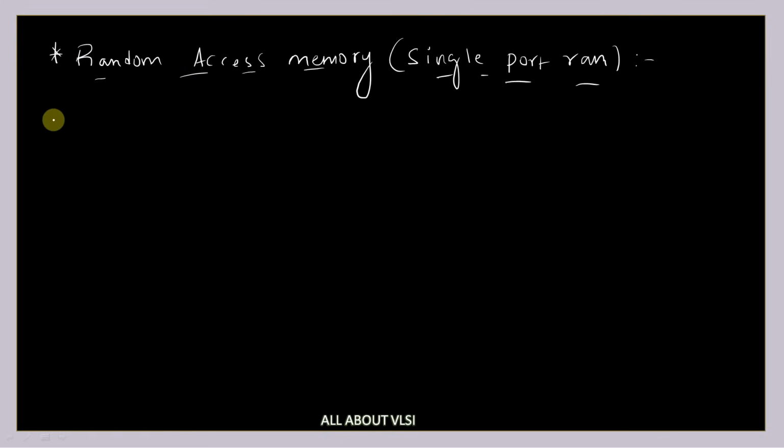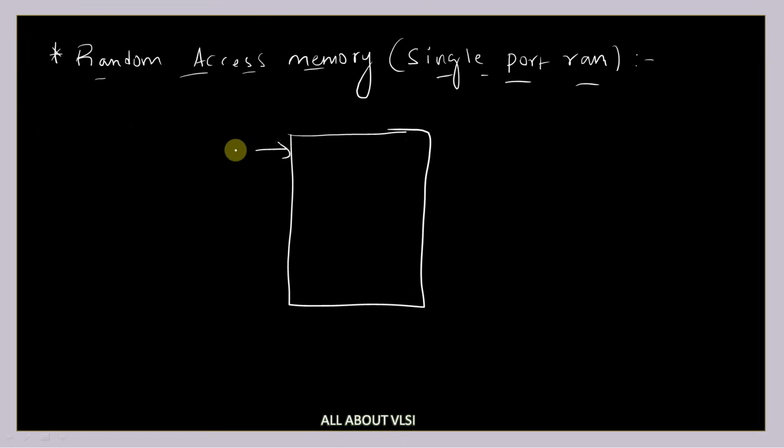Now, in this single port RAM, we have only one port for writing and reading the data. Let us see the block diagram of this single port RAM. It is going to have a clock, a reset signal, a write enable and a read enable. And we have a signal which is known as the data signal.